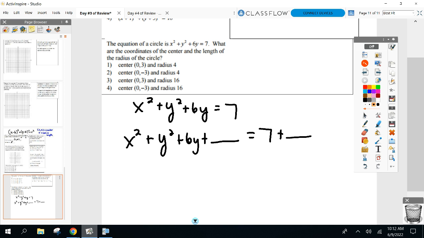Half your b value, 3. Squared, 9. Make sure we add it to the right side. Not changing here. X squared plus, what's it? I'm not even going to ask because we just factored that, the same thing up top. Y plus 3, all squared, equal to 16.